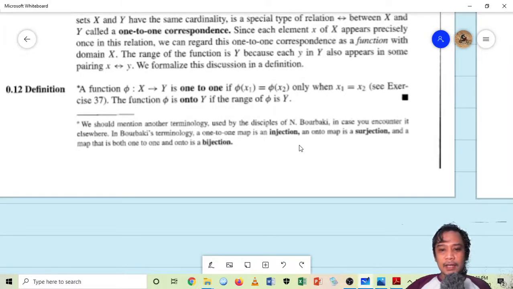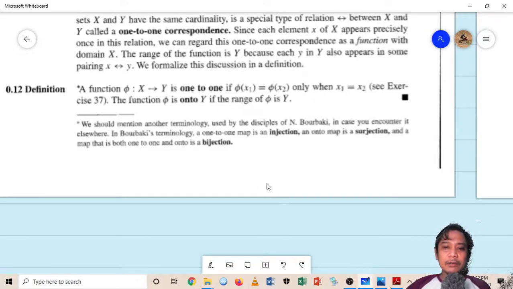Now, some other terms that can be used for these properties are injection, surjection, and bijection. A function which is 1 to 1 is said to be an injection. A function which is onto is also called a surjection. And a function which is both 1 to 1 and onto is what we call a bijection.